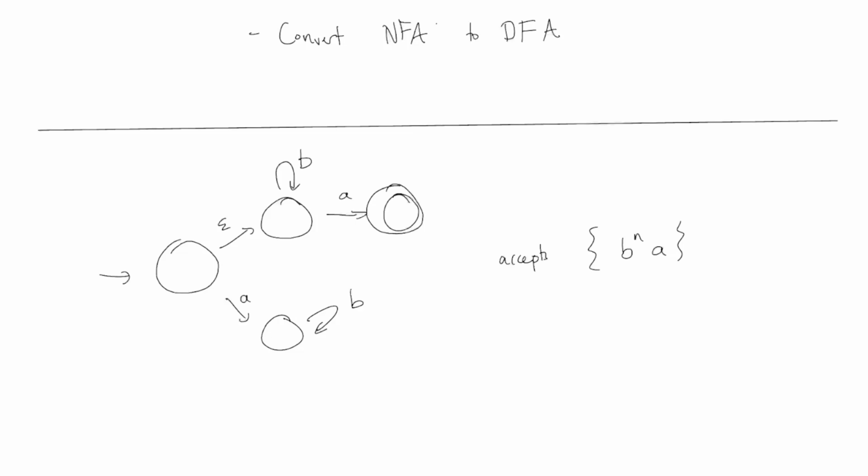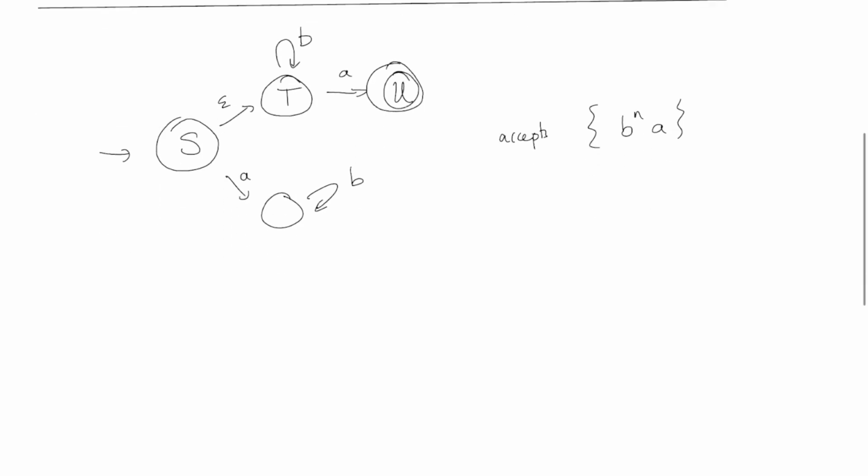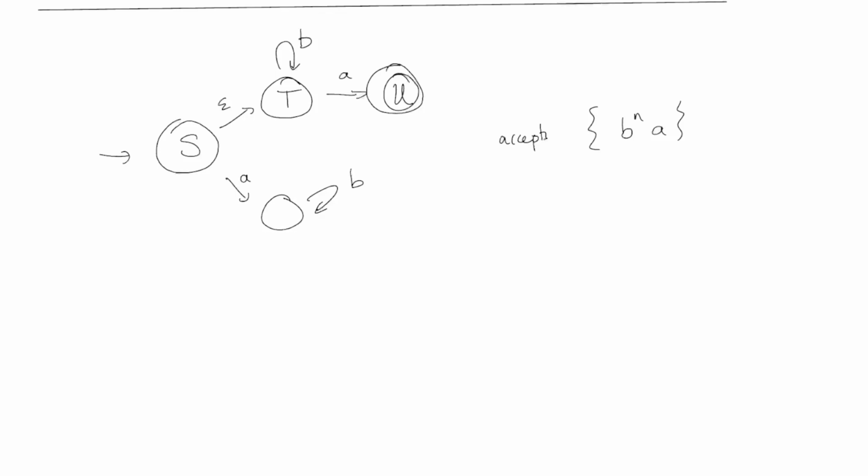The one at the bottom doesn't matter, but I will call these other ones S, T and U. And so what I want to say formally speaking is that delta star of S, B to the N A includes U. You could say equals the set containing U, but for the sake of doing the induction, this might be more convenient.